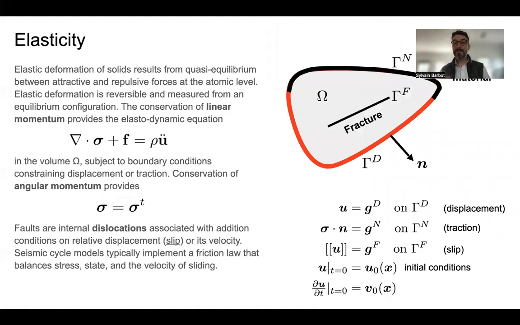The basis of being able to model the evolution of stress on a fault is to have solid rocks that are described by elasticity. We consider a continuum formed by a succession of representative volume elements, and conservation of linear momentum provides the elastodynamic equation, so the wave equation in 3D that describes the balance between stress, forces, and radiation of seismic waves.